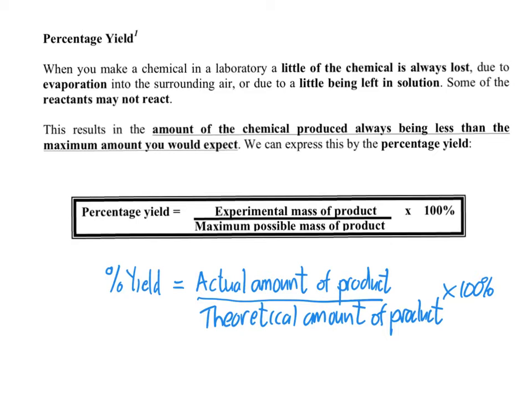So when we refer to amount, more often than not we're going to be looking at the mass in grams that is produced, but one could also use moles, and one could even use the volume of a gas product.